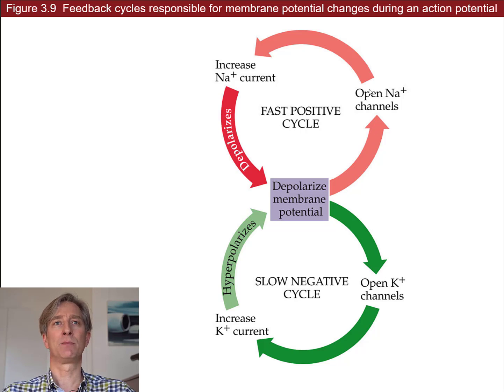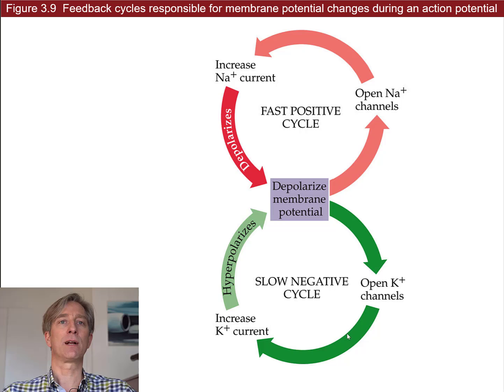So this is clearly an unstable feedback loop, and like every unstable feedback loop, it needs to be controlled. And the way nature controls it is by inactivation. This positive feedback loop inactivates in time, which is the required mechanism to stabilize this.